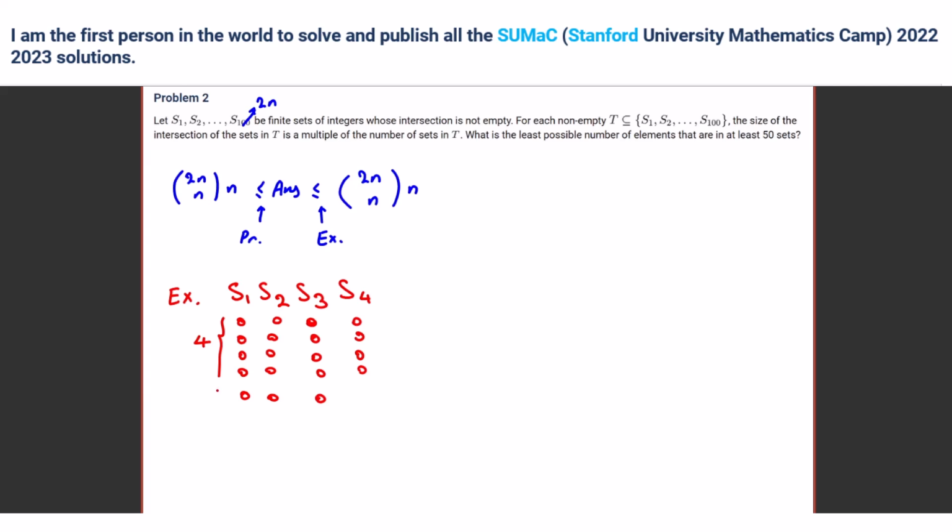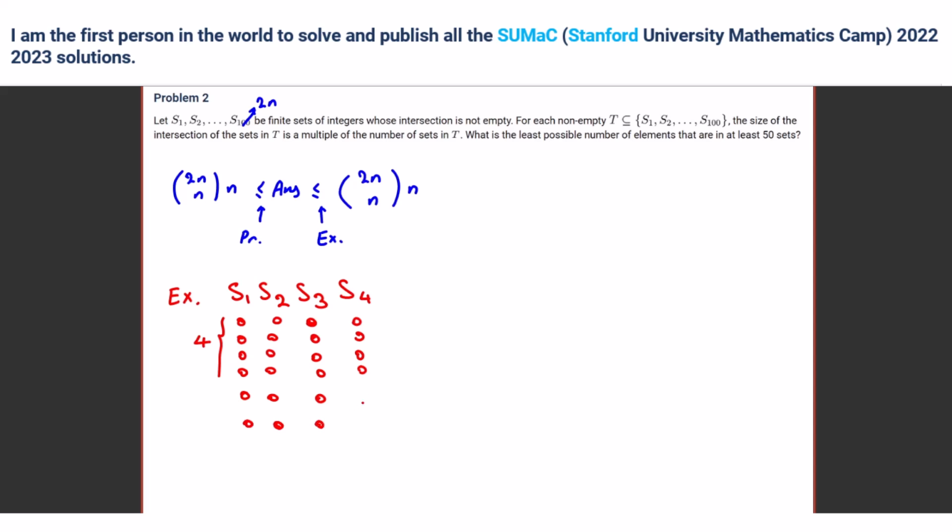Then how many elements should we consider in S1, S2, S3? Just 3 divides S1, S2, S3, so at least 2 elements.